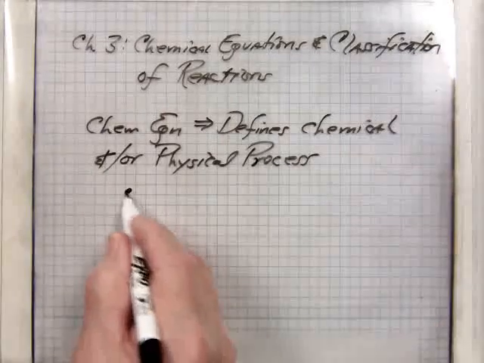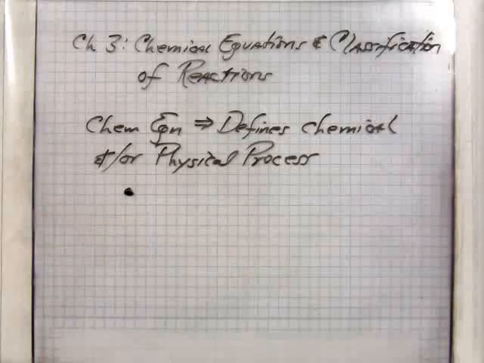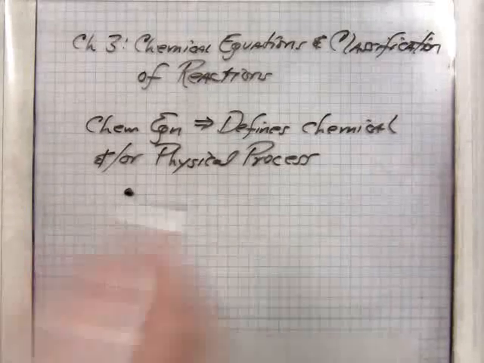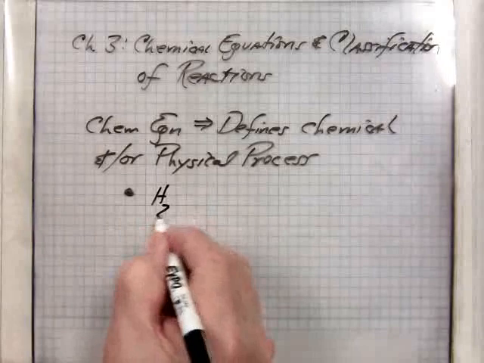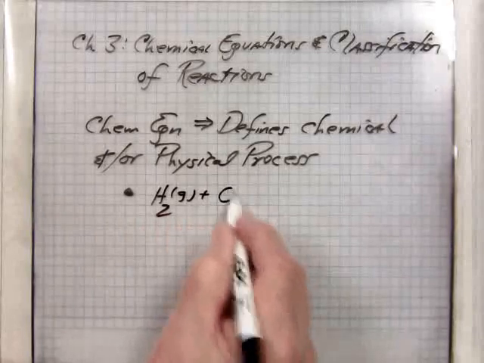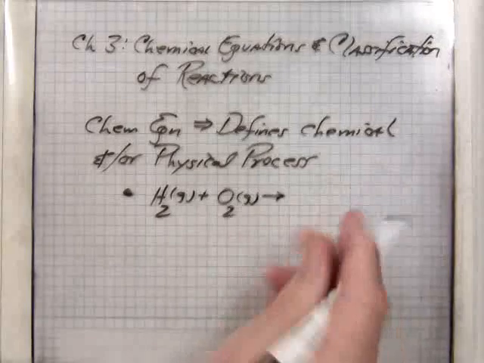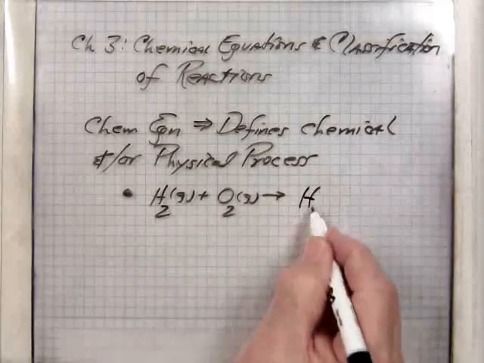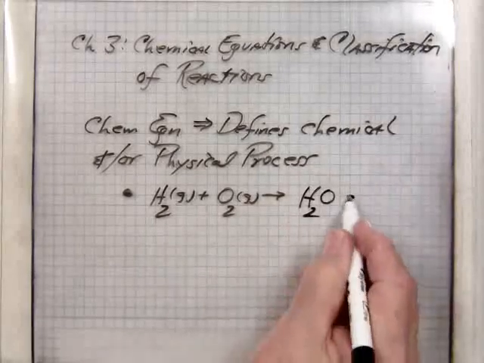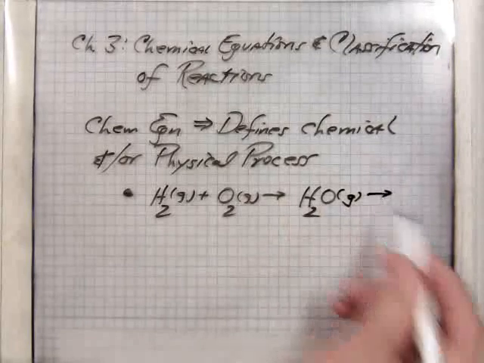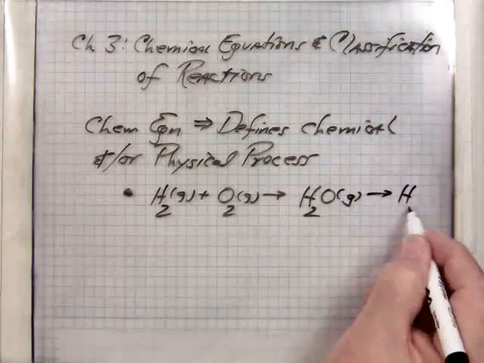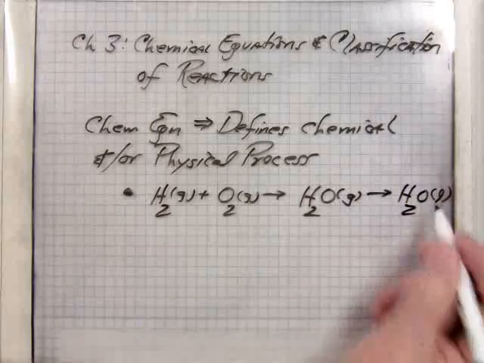In an example of this, if we start out with hydrogen gas and oxygen gas, we can, through process, make water. And you can make water gas, which can be condensed into H2O as a liquid.